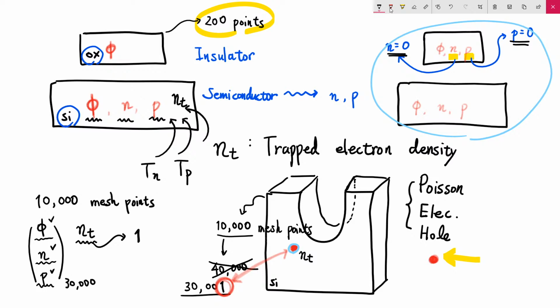Not only the region-based decision, but even within the silicon region, when we have a certain physical meaning, only in that case do we define an unknown variable. Okay, Mr. Han, you have understood this one.